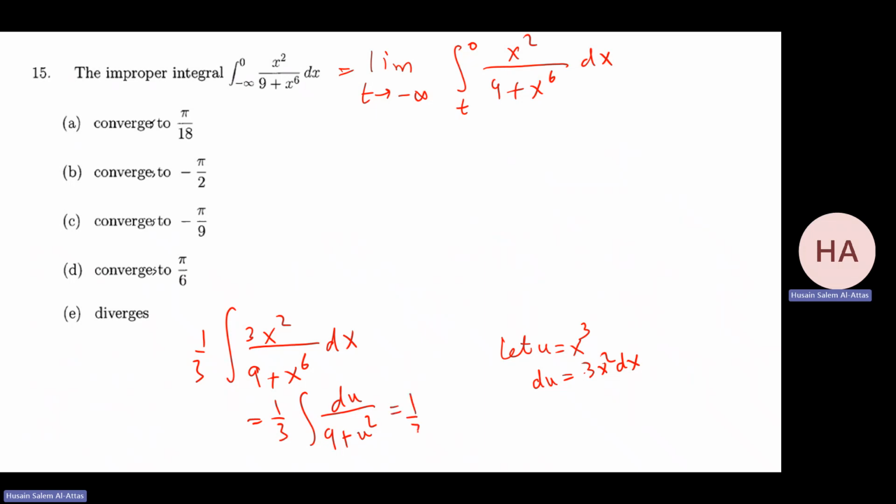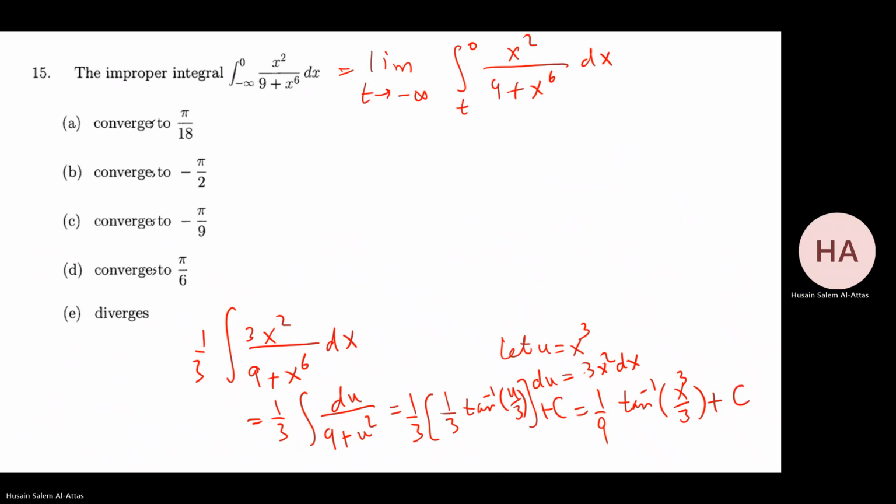It's 1 over 3 times 1 over a, so 1 over 3 tan inverse of u over 3 plus c. So it's 1 over 3 times 1 over 3, which is 1 over 9. I can make it 1 over 9 tan inverse of x cubed over 3 plus c. That will be the integration.